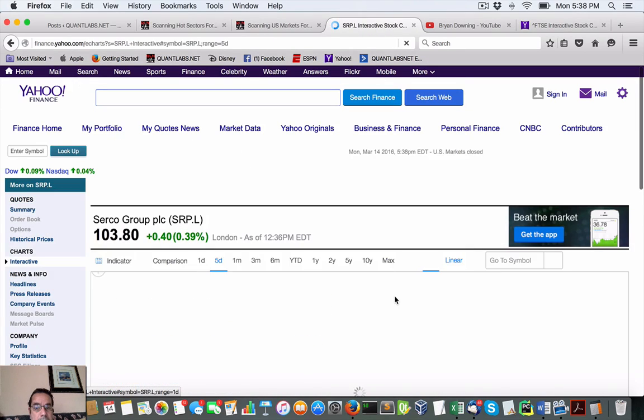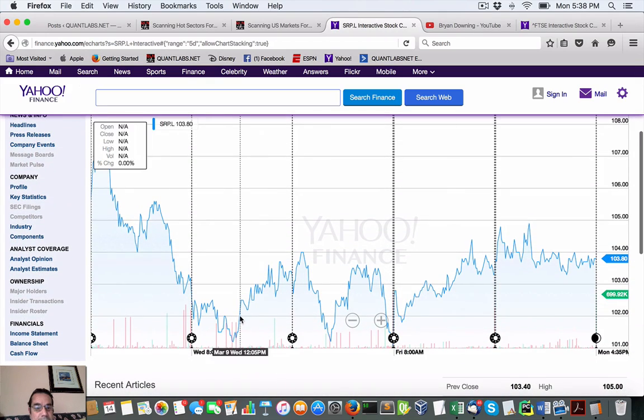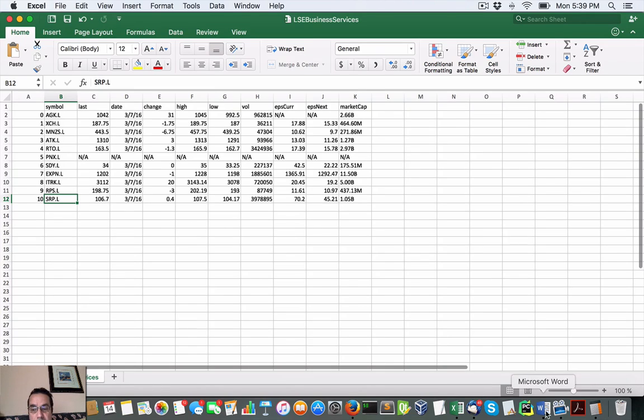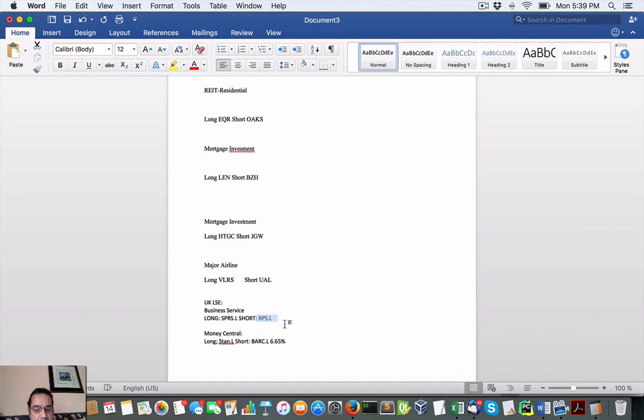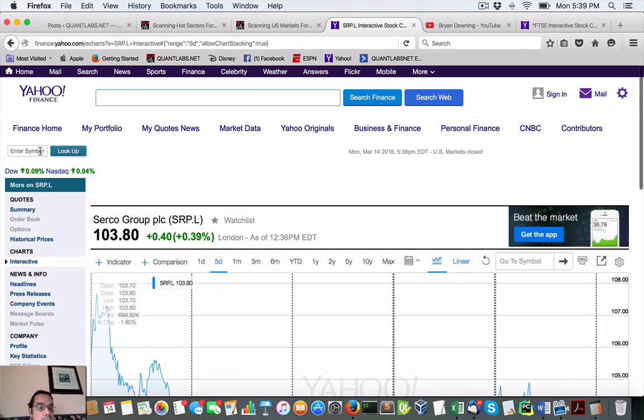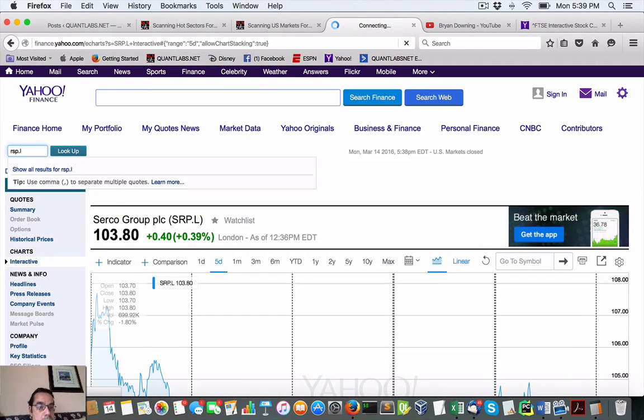What does it look like? Actually, it's gone down, so this may not be a good trade. We went with the short as being RPS.L. Let's check that out.